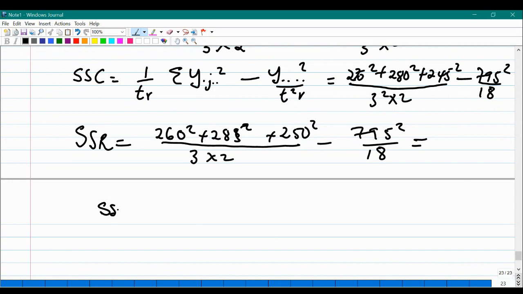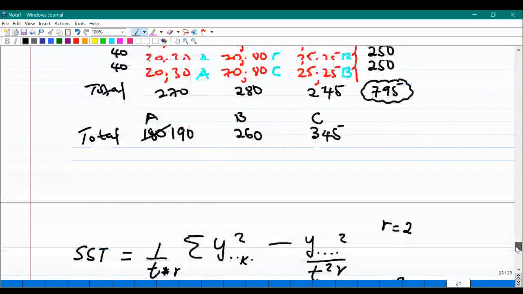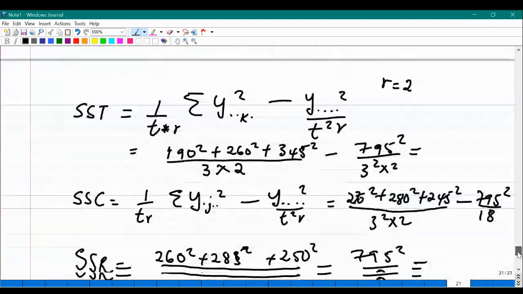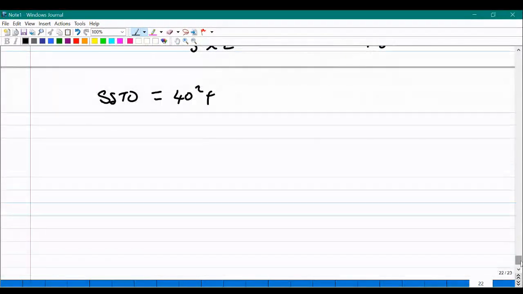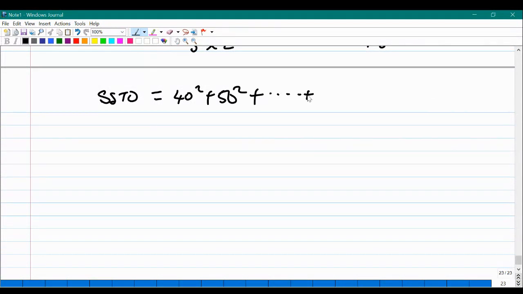The total now, before you find the error, because you have the replication, you will square each and every value from that table. So you'll say 40 squared plus 50 squared up to 25 squared plus 25 squared, minus 795 squared divided by what?